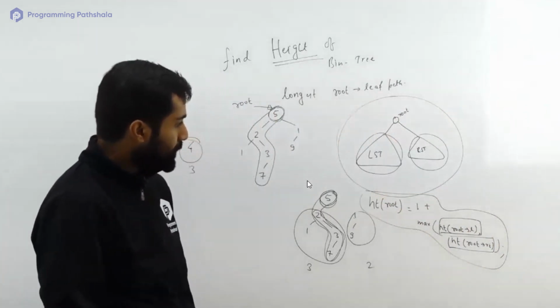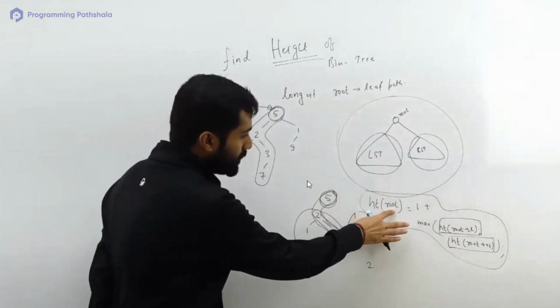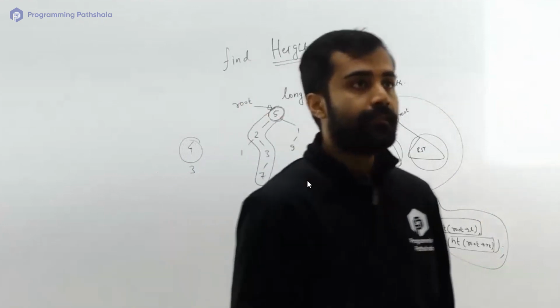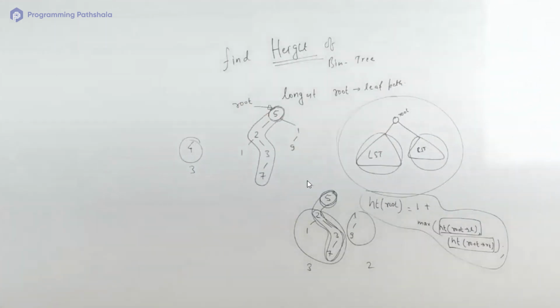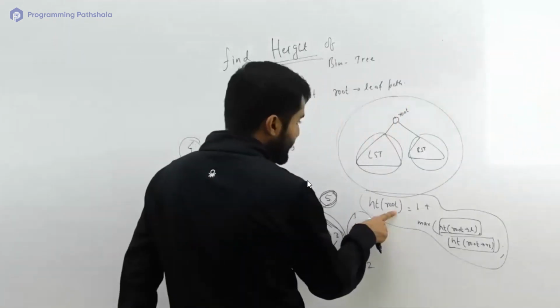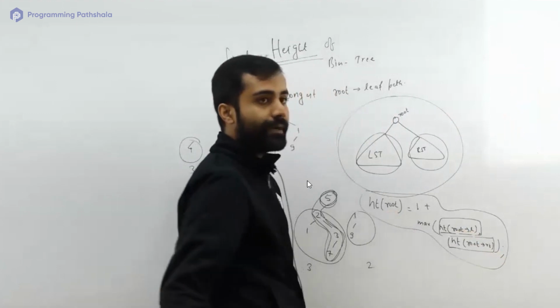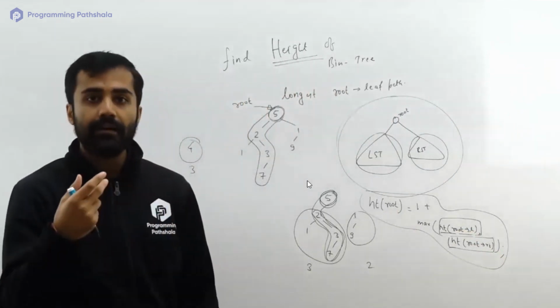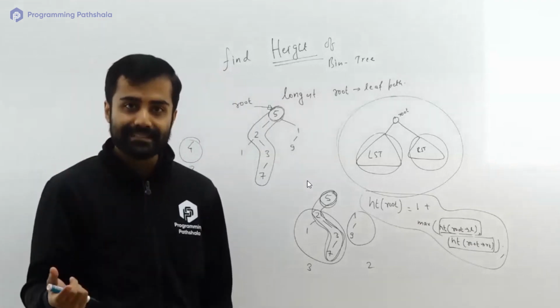So can you tell me for what kind of root would you not want to execute this equation or this piece of code? What should be the value of root for which you won't run it? Yeah, when your root is null. When your root is null, then if you do null arrow something, you will end up getting a null pointer error. So there has to be a separate case when the root is null.